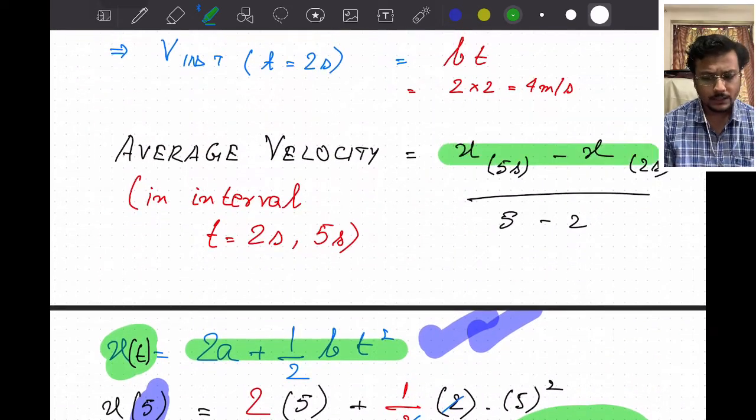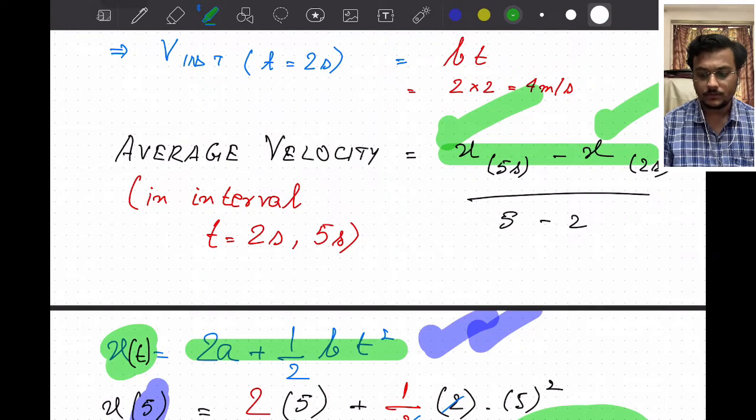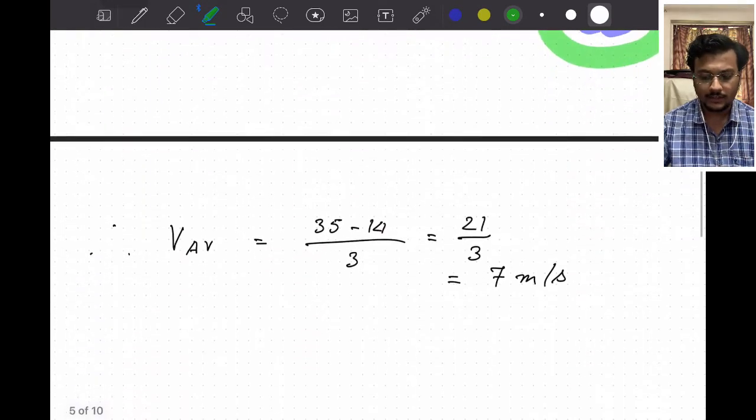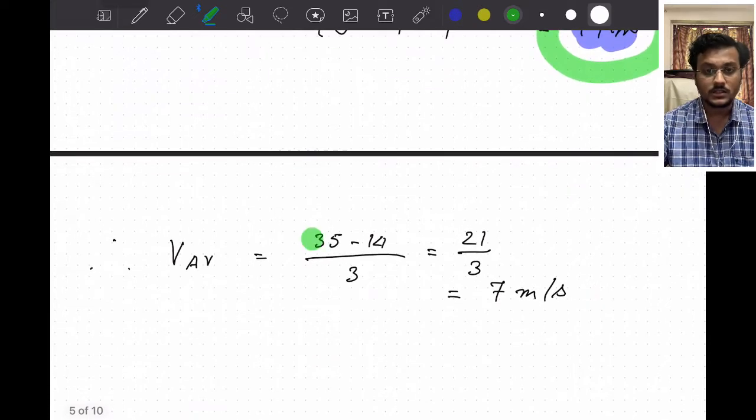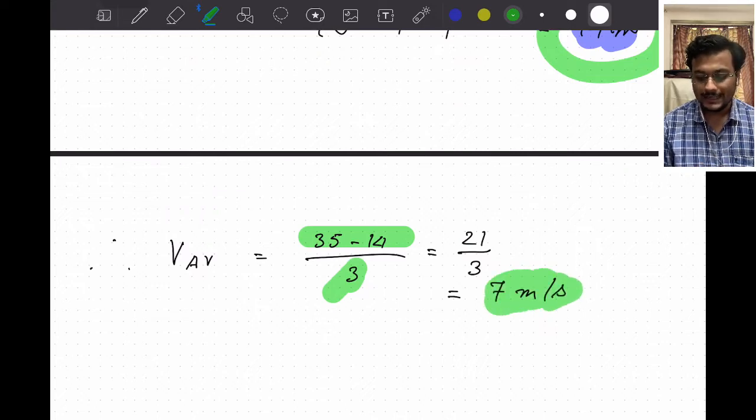Now if we take a look at the formula that we have written above, we just have to plug in the values in order to reach the answer. The result is 35 minus 14, that is we end up with 21 over 3. So that gives a final answer of 7 meter per second.